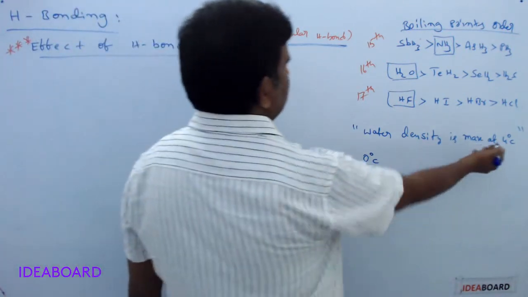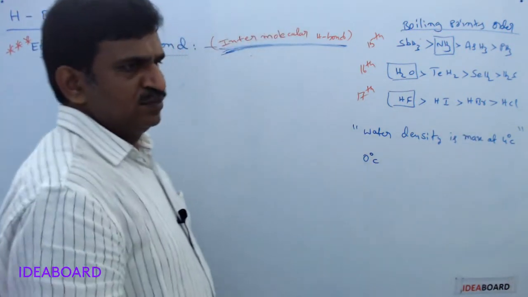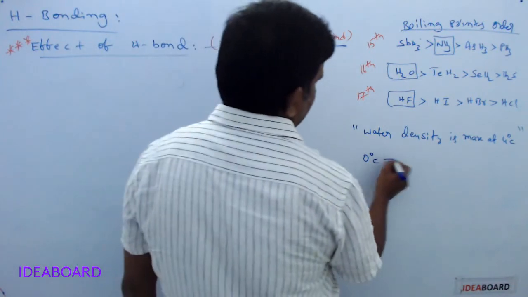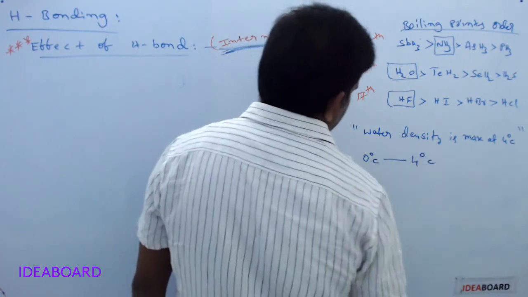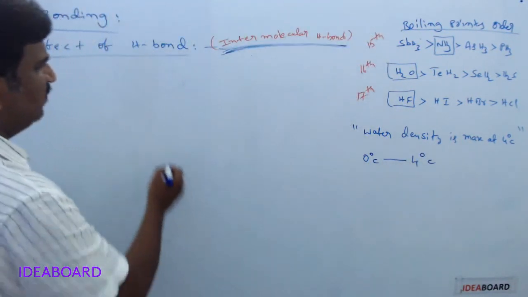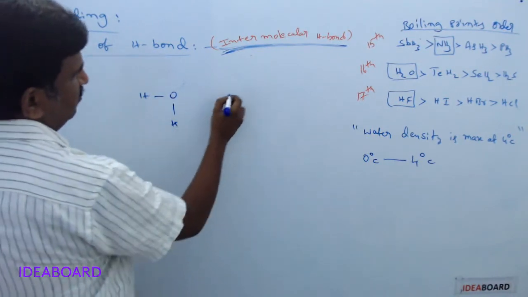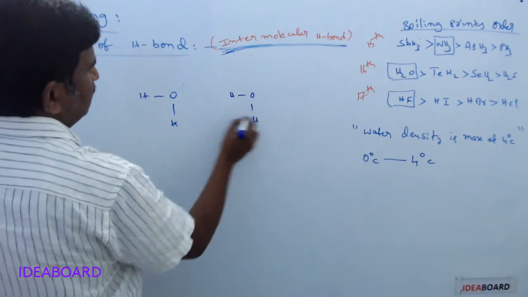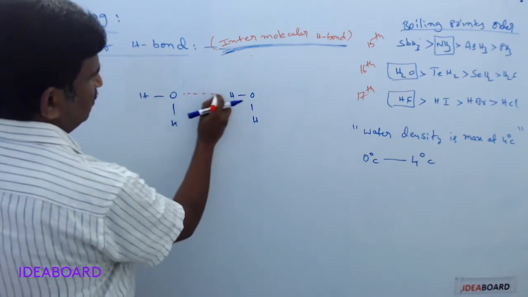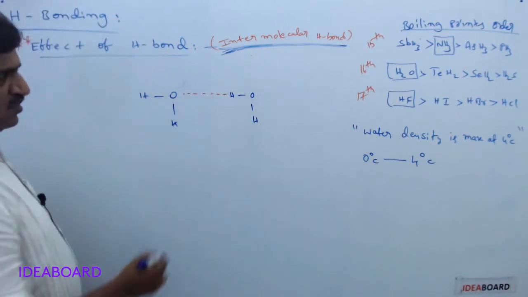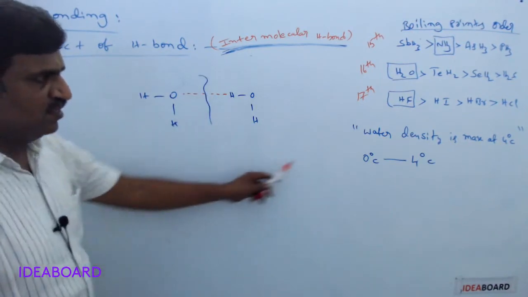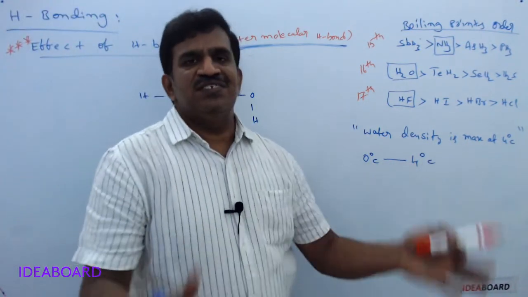But why is 4 degrees Celsius the maximum density? What happens from 0 to 4 degrees Celsius is that water molecules have hydrogen bonds. I showed now, here this type of hydrogen bonds are present. All these hydrogen bonds are dissociating. These hydrogen bonds dissociate up to 4 degrees Celsius.